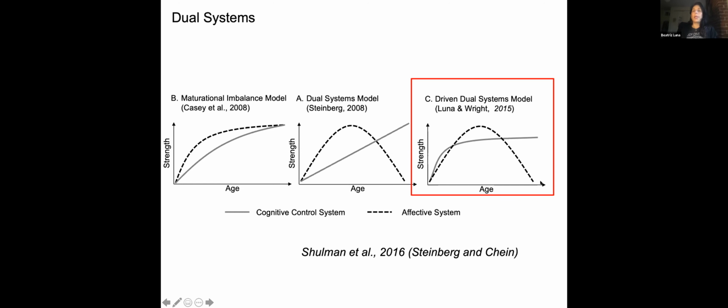Our model, based on the data that we have gathered for 20 years and those of others, really indicates that adolescence is a time when prefrontal systems have come online, but they're driven by motivational reward systems in an adaptive manner so that you can gain the experiences needed to specialize into adulthood.